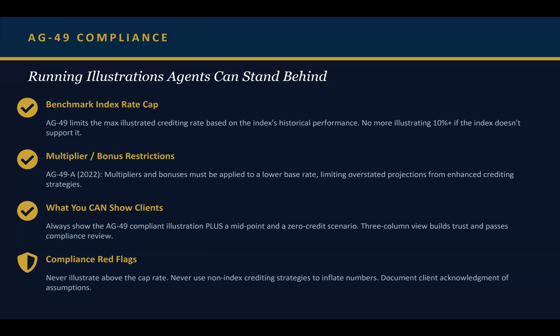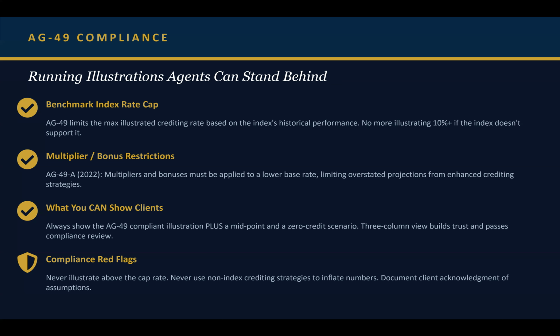And so AG49 changed that to say that you can't show bonus multipliers as the initial design, because most people, when they run IULs, are brand new or not too savvy in the industry and just run the carrier's basic design. And when you run the carrier's basic design, typically what happens is if they had multipliers in, the agents are ignorant, they don't know what they're illustrating, and then they just illustrate it.